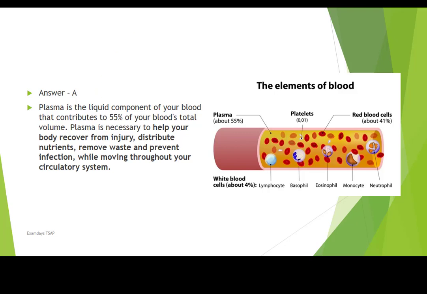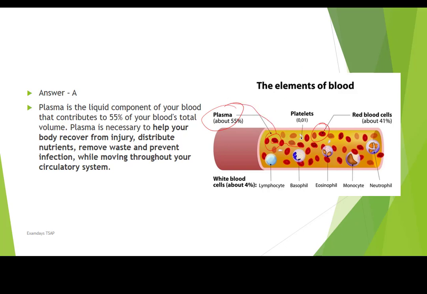Plasma is a liquid component in your body that contributes about 50% of the total blood volume. So this is the blood. Wherever you see this kind of fluid included in the blood, it is called plasma.